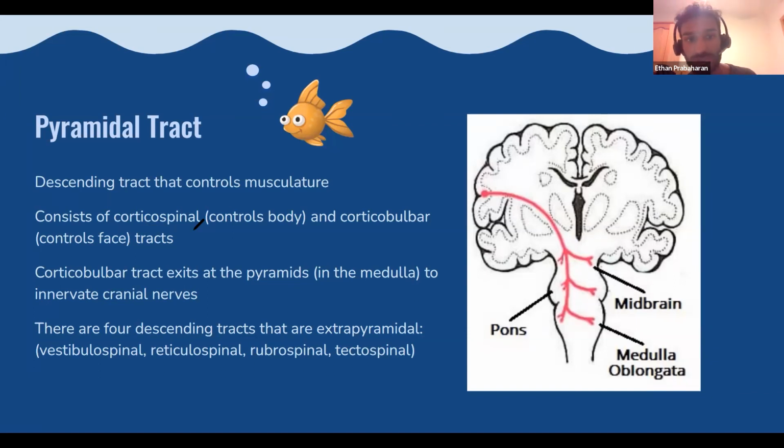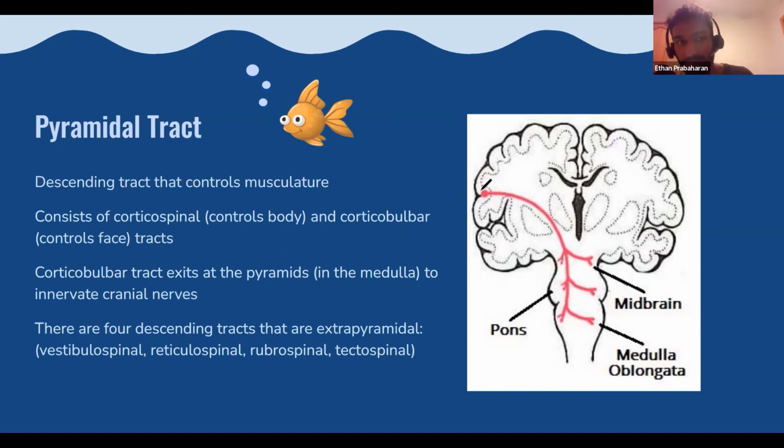The corticobulbar tract starts at the pyramids in the medulla, part of the brainstem, and innervates these cranial nerves that innervate your face. And there are 4 descending tracts that are outside of the pyramidal tract. But basically, how this pyramidal tract works is it controls your muscles.